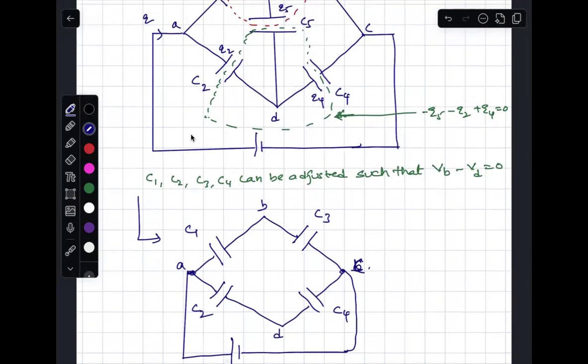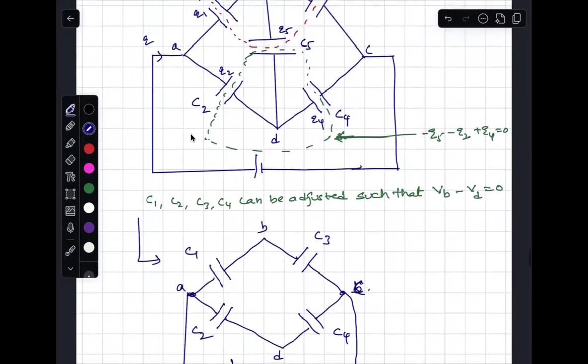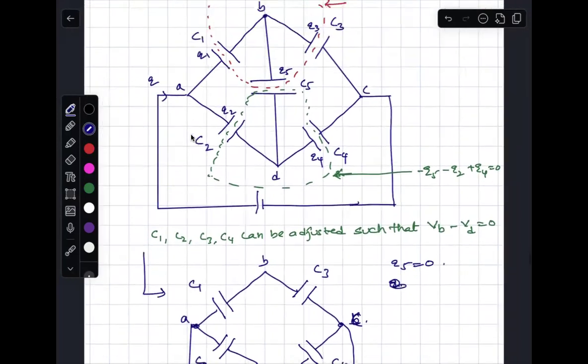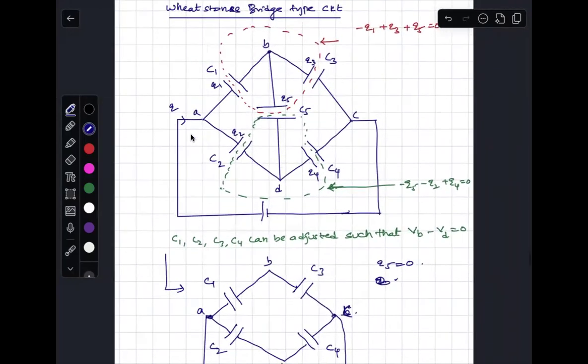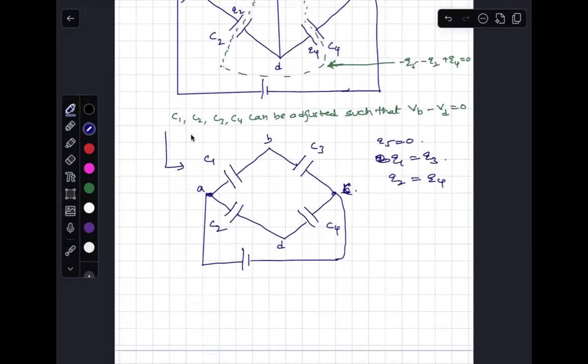it is the same charge. Now in this case, Q5 becomes 0. And therefore, when Q5 becomes 0, Q1 becomes the same as Q3 and Q2 same as Q4, same charge.